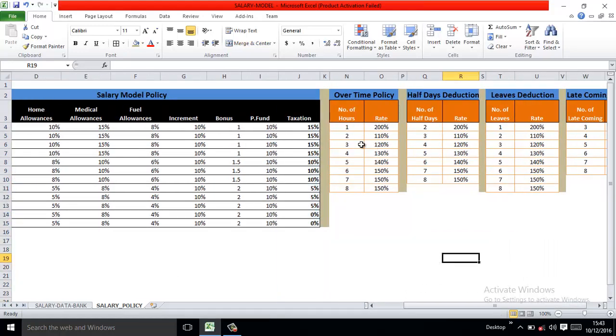We assume that if an employee works 1 hour, he is getting 100% rate of his 1 hour of the basic salary, and if he works for 2 hours, 10% additional of the 1 hour basic salary, and if 3 consecutive hours, then he is getting 20% additional, and for 4 and more hours of extra work, they are getting 30, 40, 50% additional respectively of the basic rate of their per hour salary.